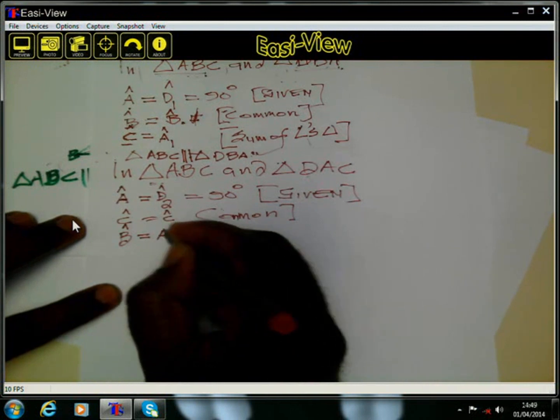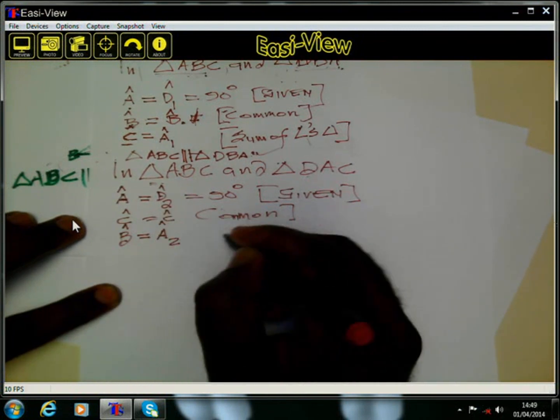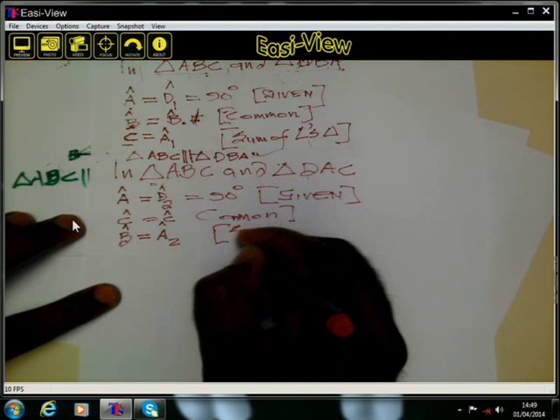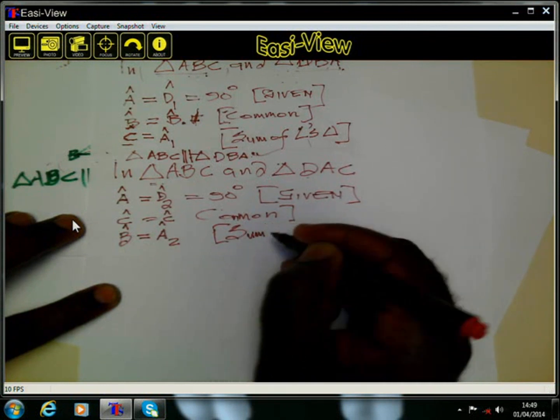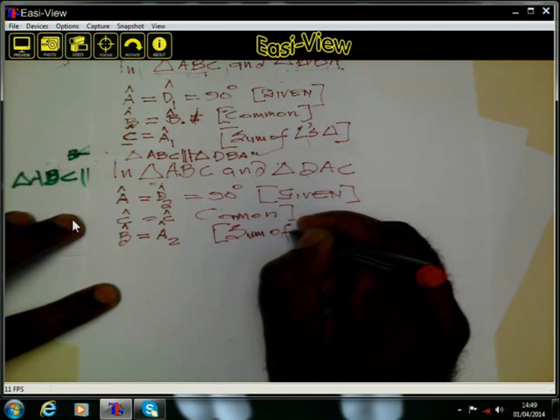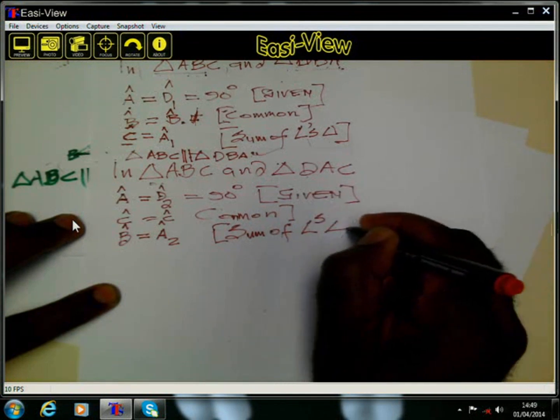The reason is the sum of angles of a triangle.